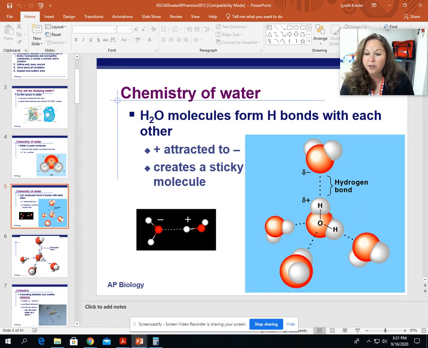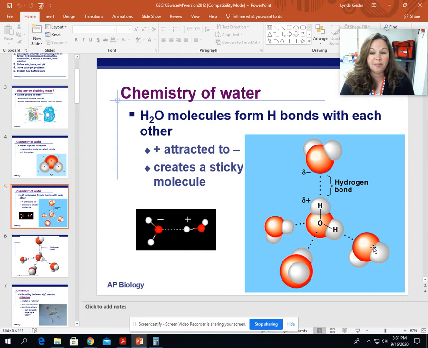Keep in mind the hydrogen and oxygen, that's part of its covalent bond, that stays together, but the hydrogen bond is between the molecules. So the covalent bond is within the molecule itself, between the atoms, while the hydrogen bond is between the molecules. So water tends to hang out in little groups like this.